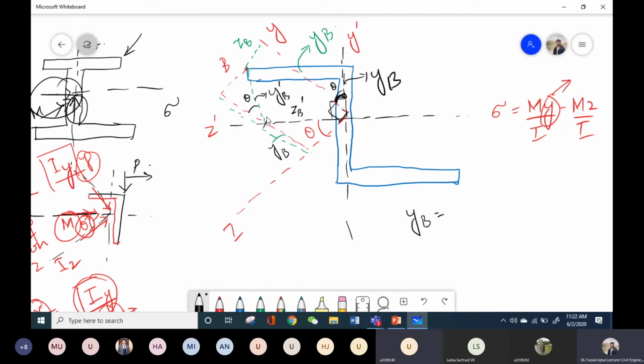So this straight distance is YB and this inclined angle is angle theta. Did you get my point? Yes, sir. Okay. So what is YB? YB is basically this component plus this component. Okay, so what is this component over here? Can I say that this is ZB dash sine theta plus this component will be YB dash cos of theta. Is there any confusion about this one?